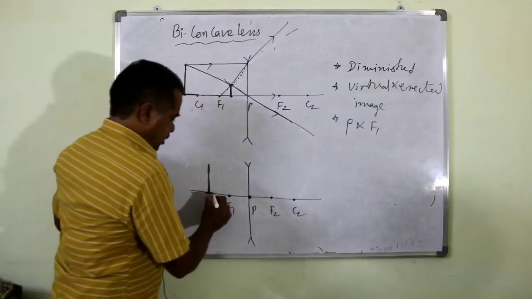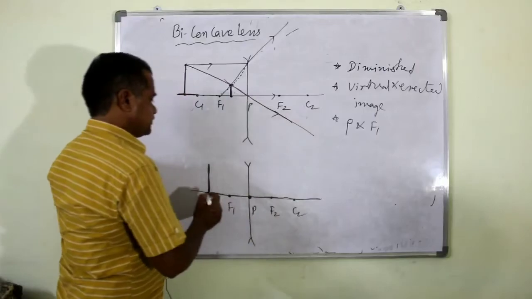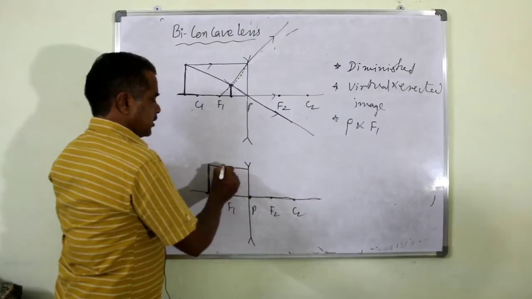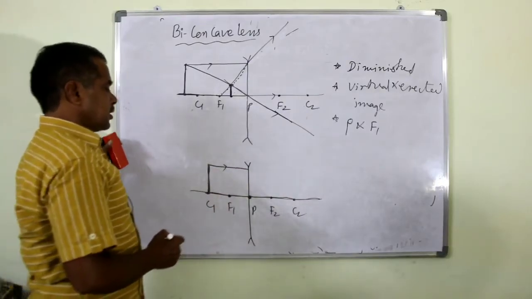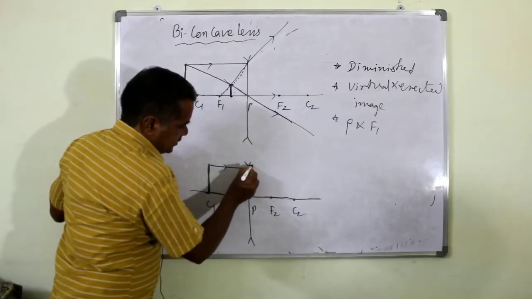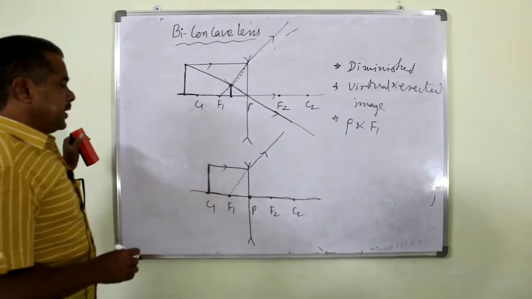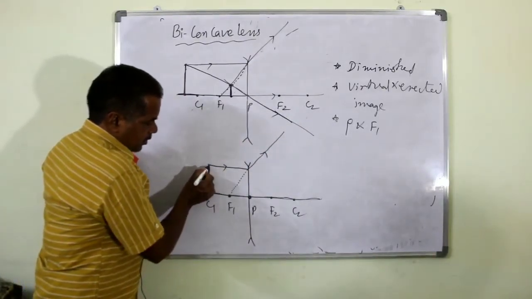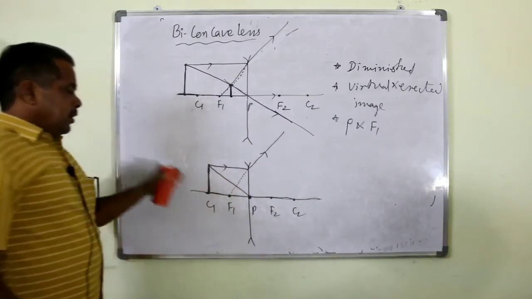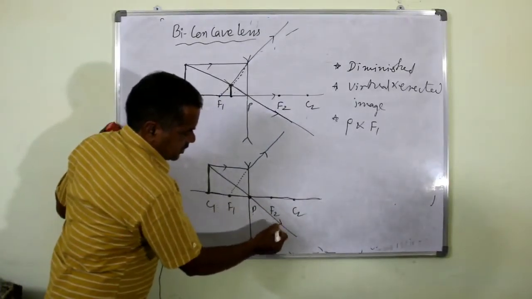Same as before: one light ray passes along the principal axis, the corresponding refracted ray doesn't deviate its direction, and one more light ray passes from the top part of the object and travels parallel to the principal axis. The corresponding refracted ray seems to pass through the focus point, and one more light ray passes through the optic center. The corresponding refracted ray doesn't deviate its direction.